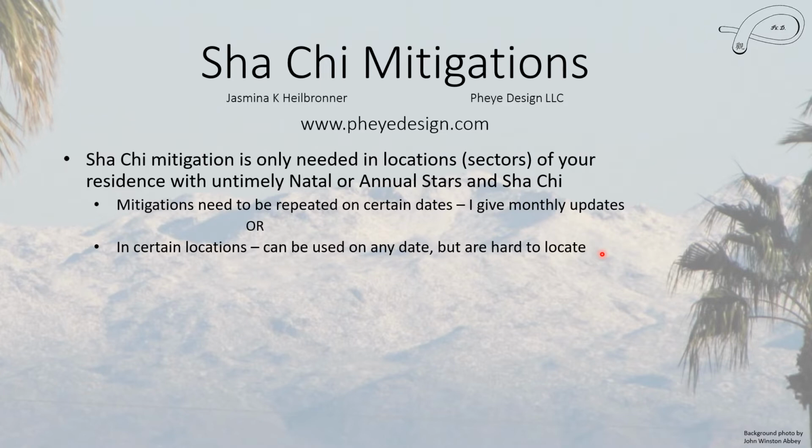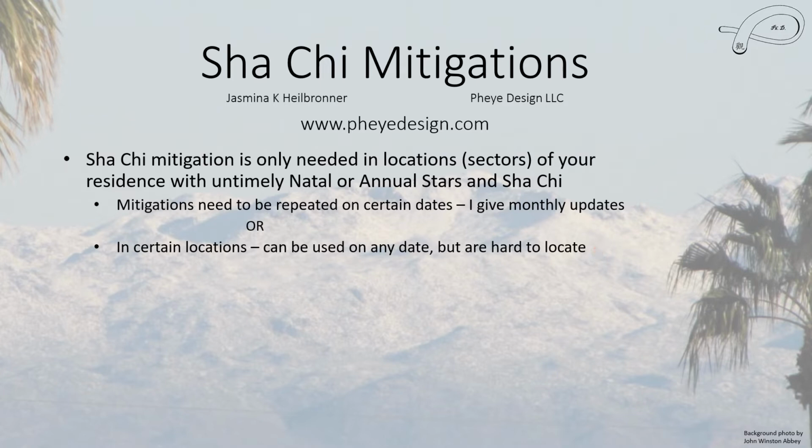However, our house right now only has very little Sha Chi, but it is a placement of a certain item or a certain cure based on the location. Now, it can be used on any date, but you have to be really careful with the location.